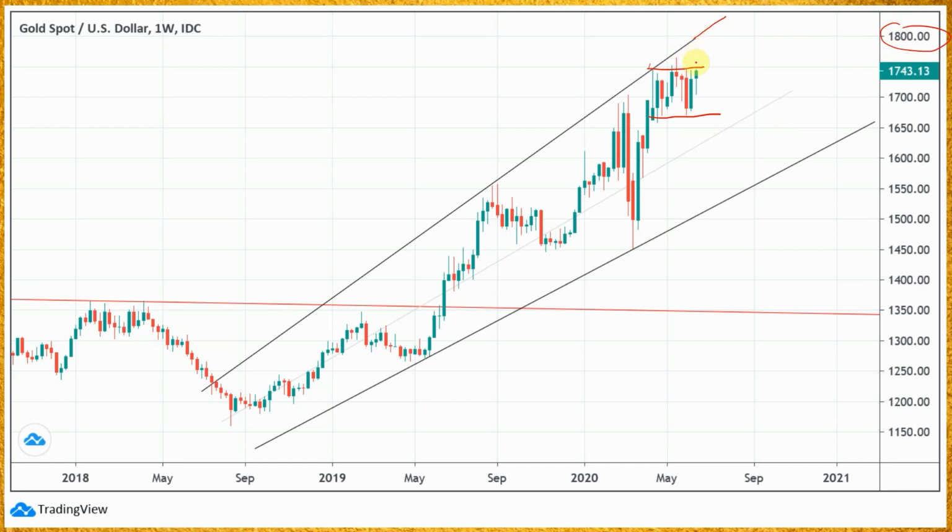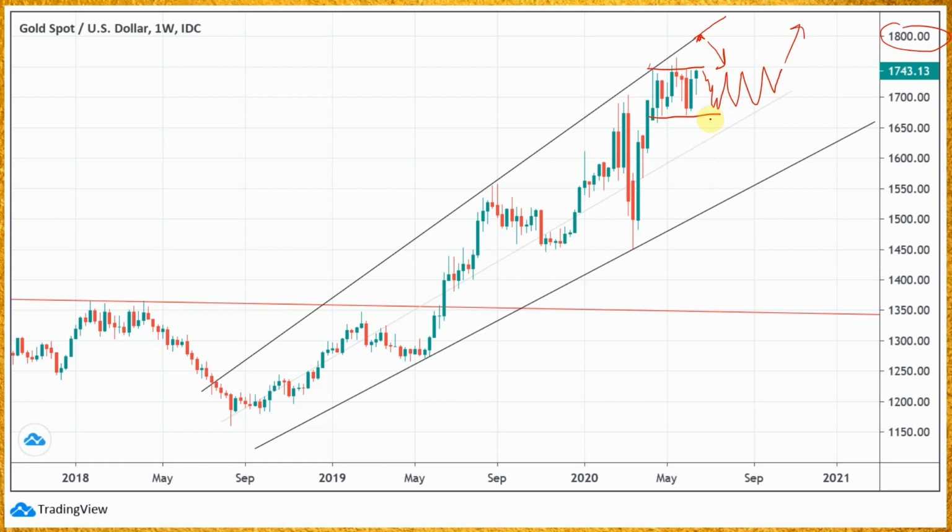So if it does poke above this trading range, then I think 1800 would be formidable resistance and we could see a bounce back from there. However, if we can't make it above here, then in the coming weeks we may see further consolidation. So we may continue around here before we move up. And remember that we're looking for possibly a handle forming because we've got that cup and handle potential structure.